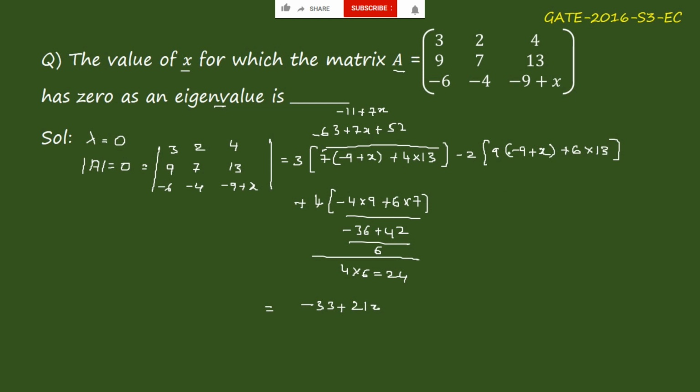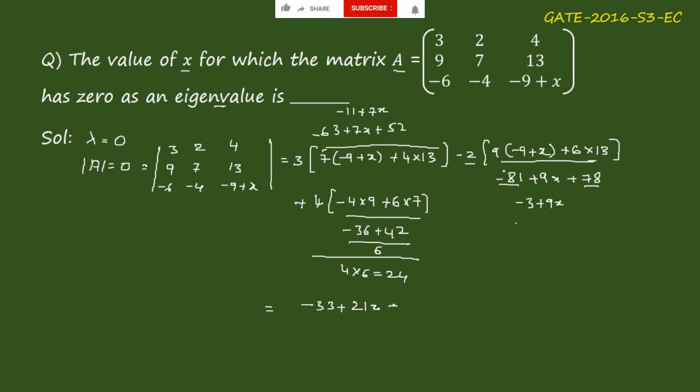Then come to the second term, minus 9 into 9 becomes minus 81 plus 9x, plus 6 into 13, which is 78. Minus 81 and plus 78 becomes minus 3 plus 9x, and we are multiplying with minus 2.